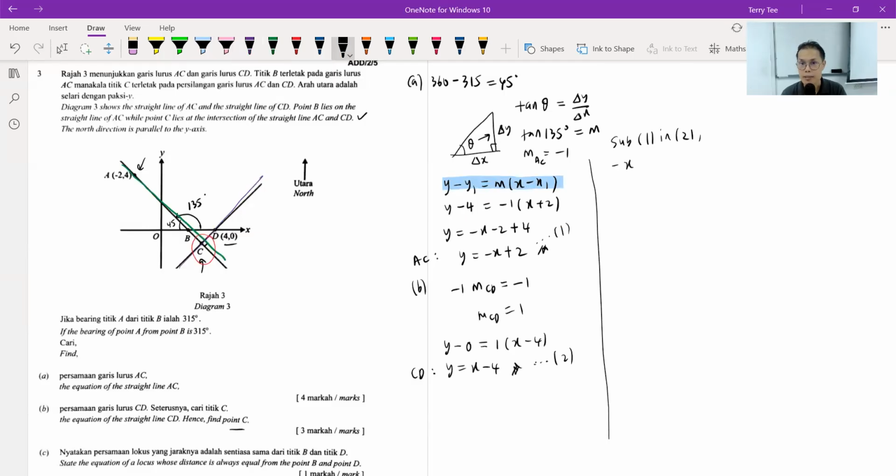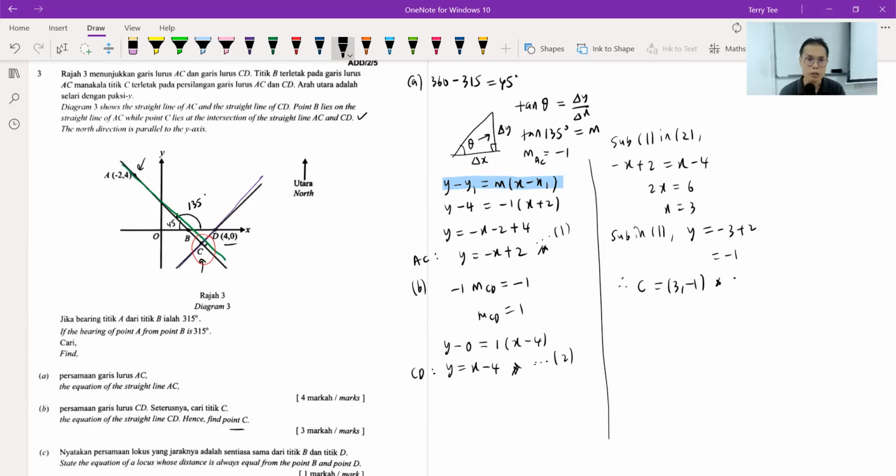So minus x plus 2 is now x minus 4. Bring over, your 2x is now 6. x is now 3. So I need to find my y value as well. My y, I sub inside equation number 1. Your y is minus 3 plus 2. Your y is negative 1. Therefore, your C is (3, -1).